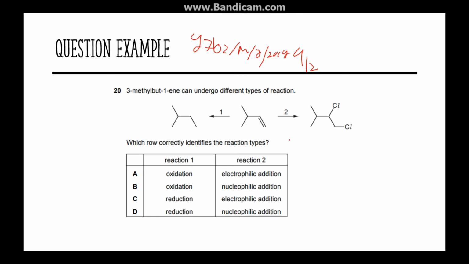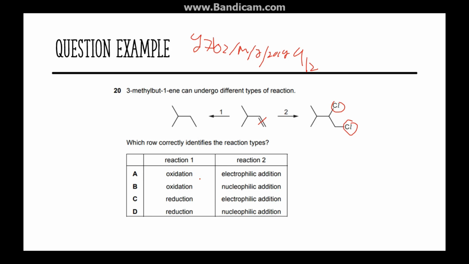For reaction 2, the double bond breaks and then forms bonds from chlorine and chlorine. Chlorine is in the same group as bromine. So, this reaction is similar to the mechanism reaction in the previous slide.